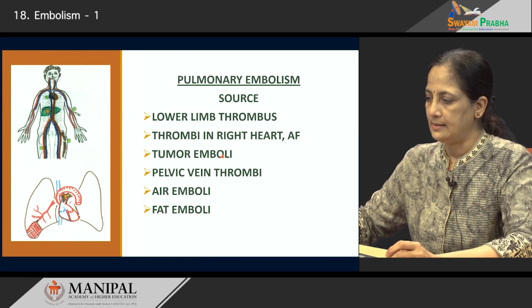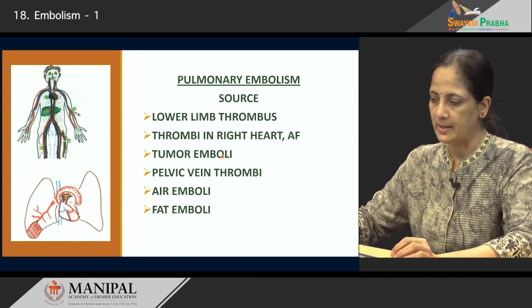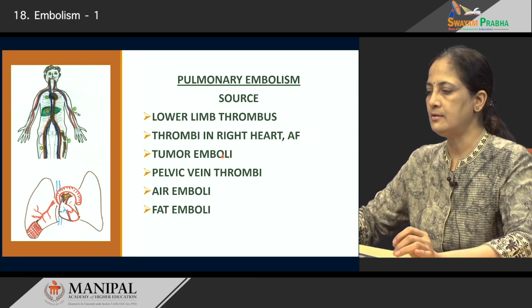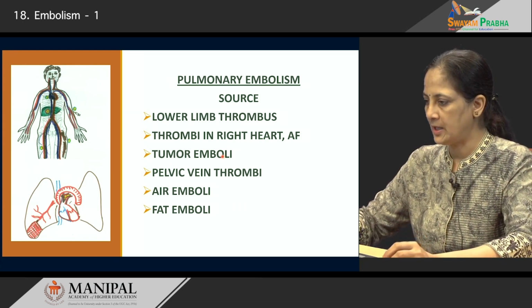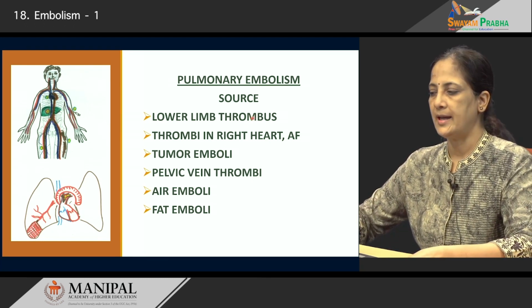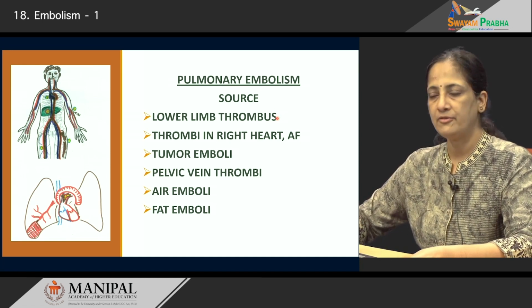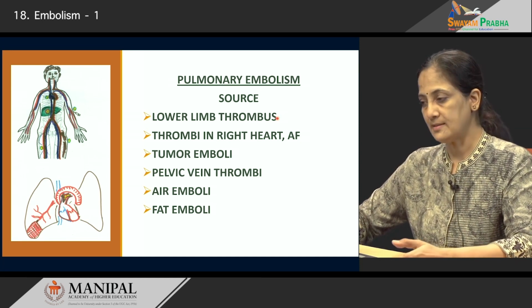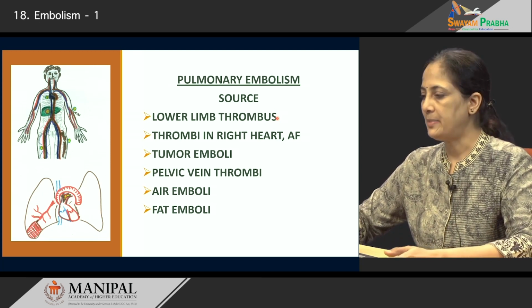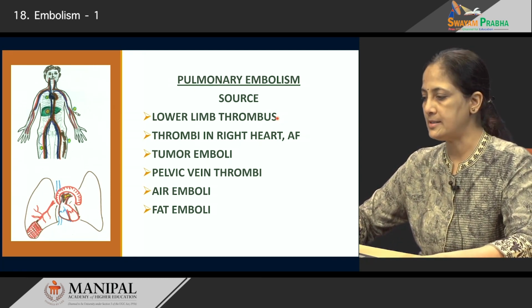Pulmonary emboli, as we already mentioned, most often arise from thrombi, especially in the veins of the lower limb. The iliofemoral vein is the commonest site from which emboli arise. The popliteal vein, the calf muscle veins, and sometimes the pelvic veins can also contribute to thromboemboli in the pulmonary circulation.